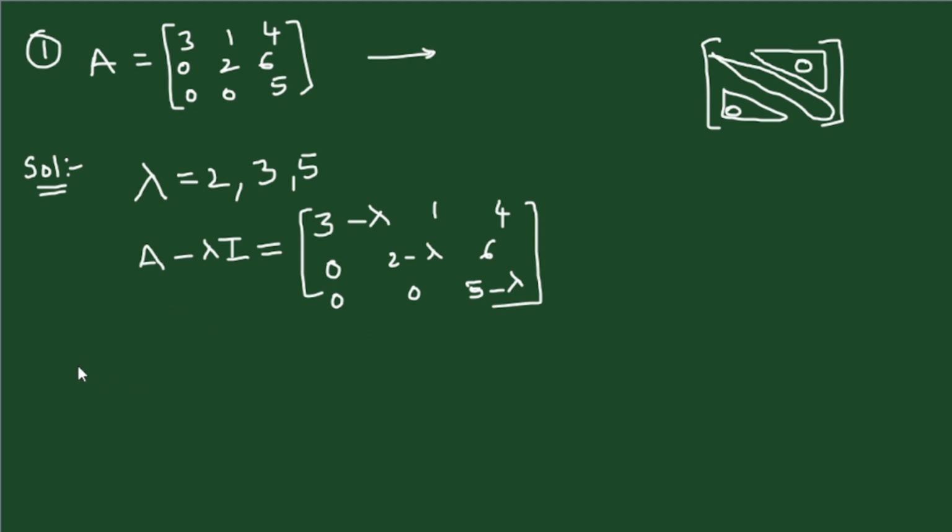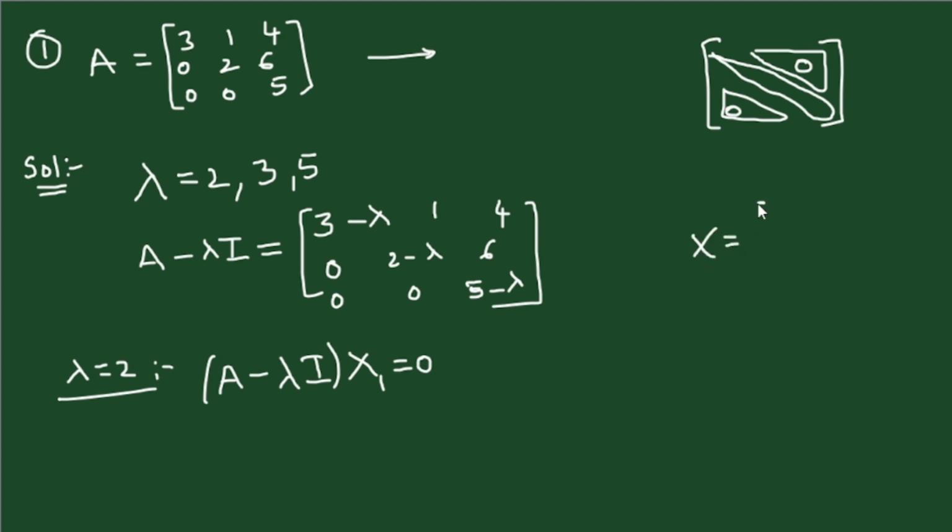To find the eigenvector corresponding to lambda equal to 2, the first eigenvalue is lambda equal to 2. The equation is (A minus lambda I) x1 equal to 0. Here, what is x1 or x? X is a column vector xyz.